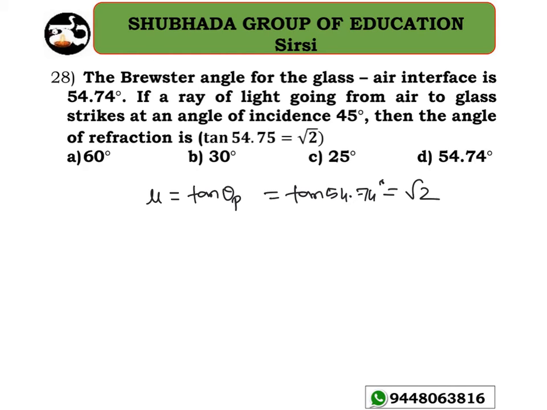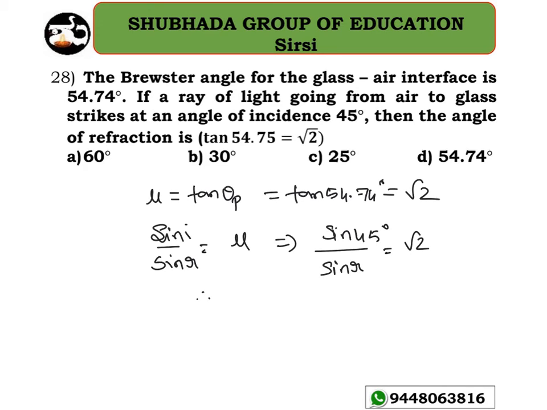The question is to find out the angle of refraction here. As you know, the sine of angle of incidence to the sine of angle of refraction is equal to the refractive index of the second medium with respect to first. As the ray of light is traveling from air to glass, I can say that sine 45 degree divided by sine r equal to root 2.